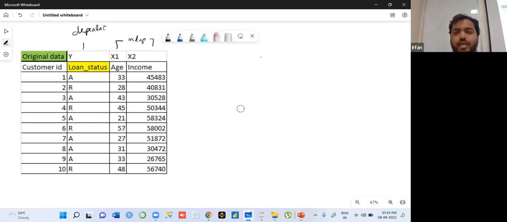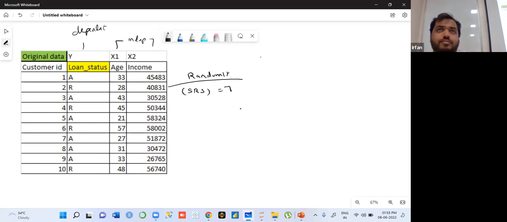So he will do analysis for us. Vallabh, this is the data. Your job is to pick up randomly. This is called simple random sampling. You have to randomly pick up 7 rows. Can you pick up for me?